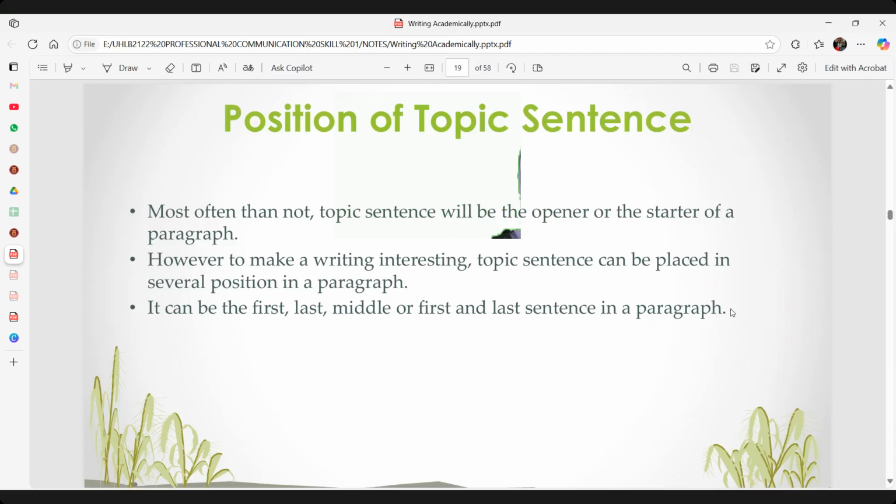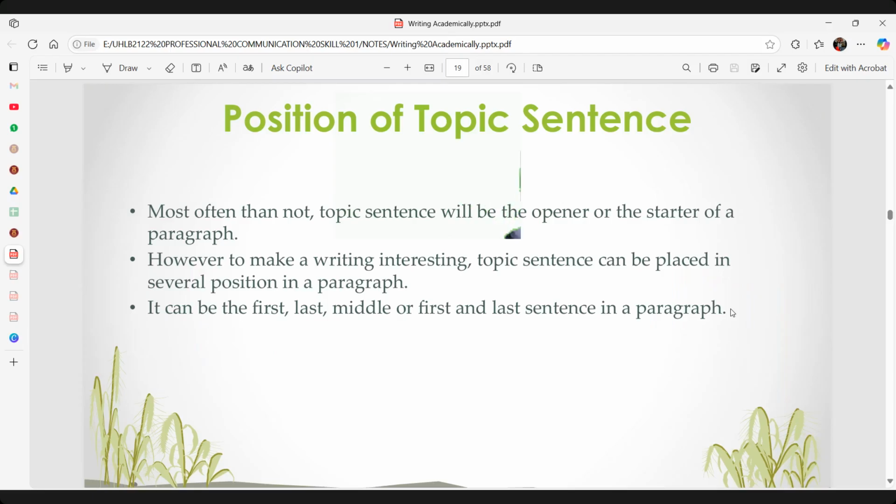So as a newbie, I would recommend you write your topic sentence as the first sentence. Like I said, it's the easiest method, the easiest trick for you to write your report.